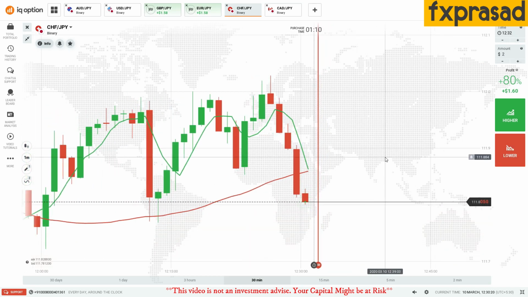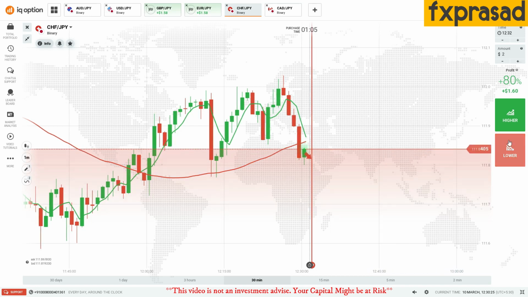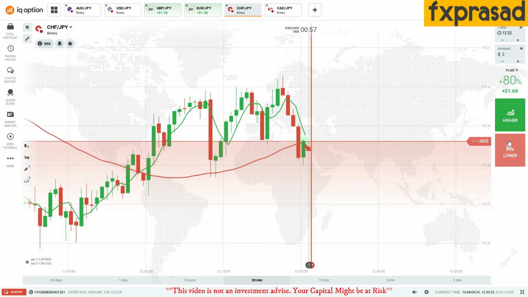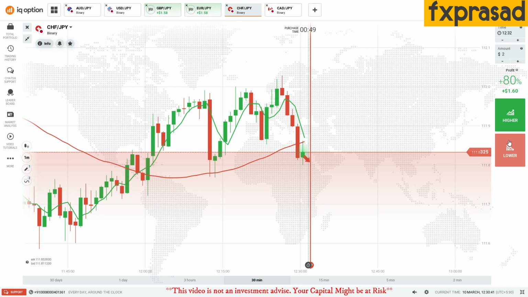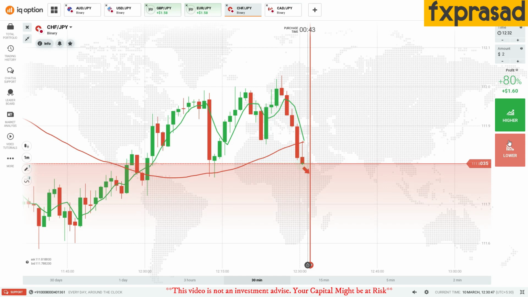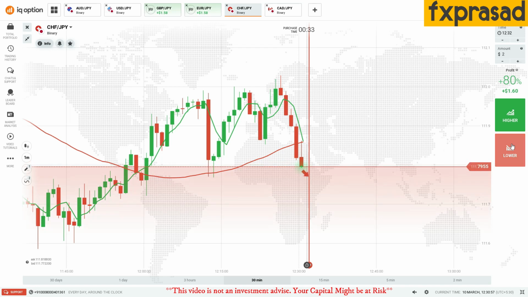After this candle we place a trade. Once check out the SNRs too.